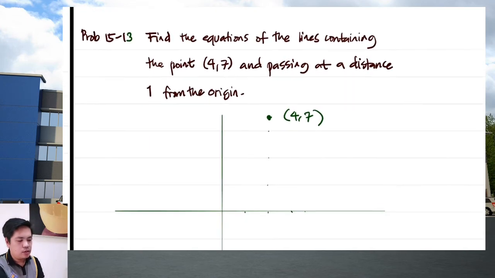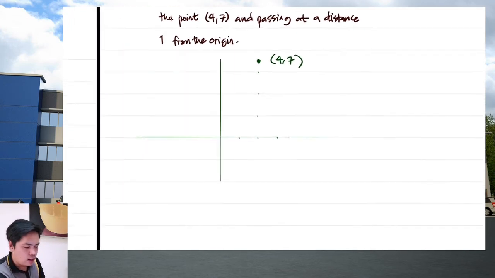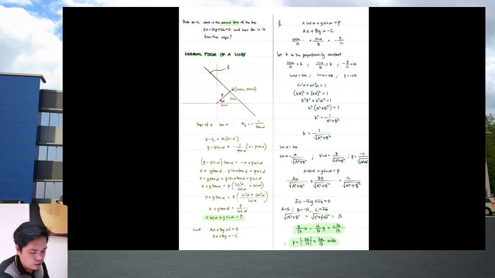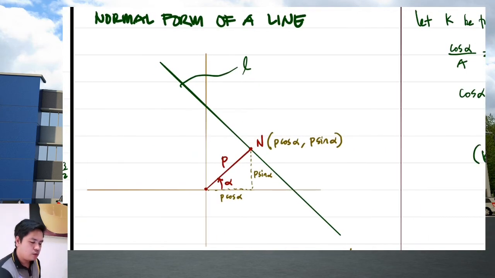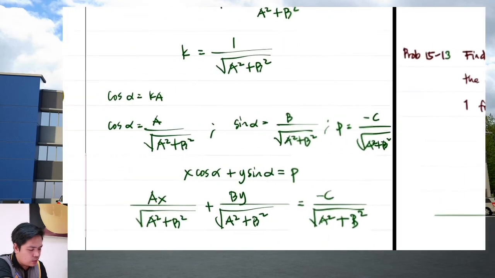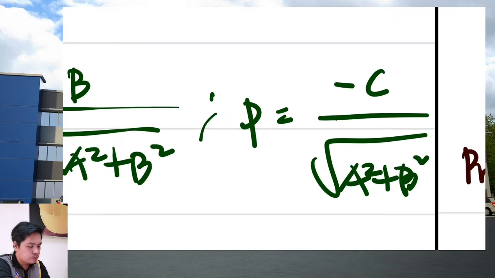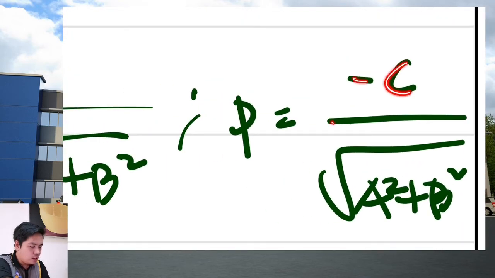Okay? So, ano ang ating gagawin? Again, let us look at a discussion about normal form of a line. The distance from the origin to the line is denoted as P. And P is equal to negative C over square root of A squared plus B squared.